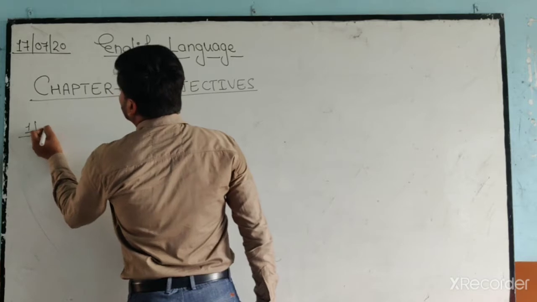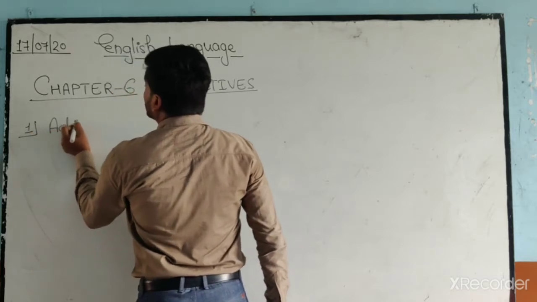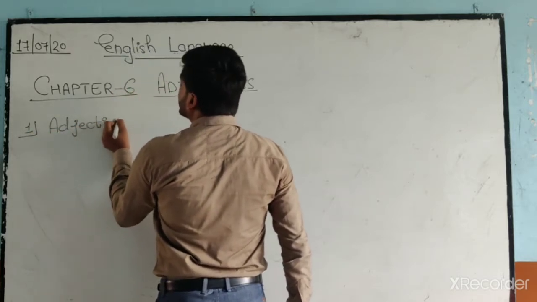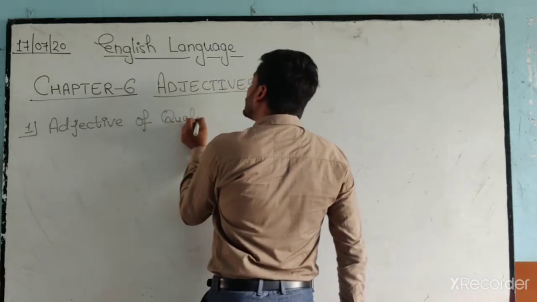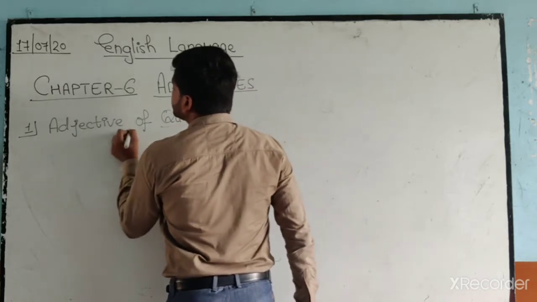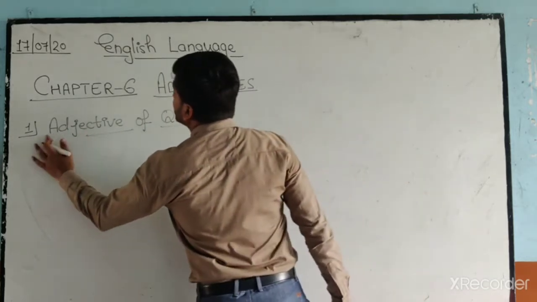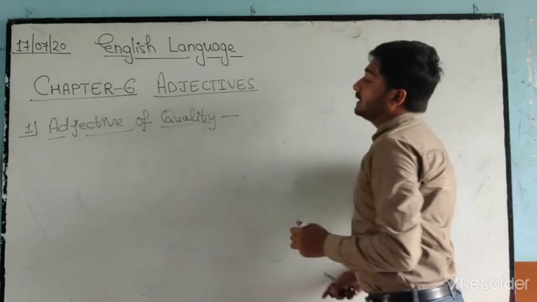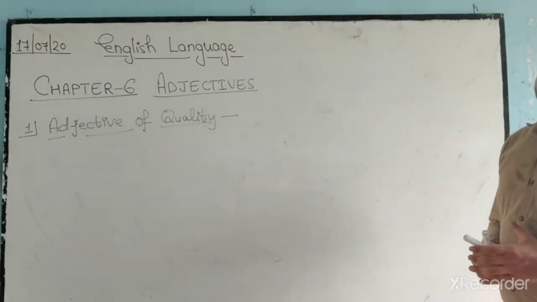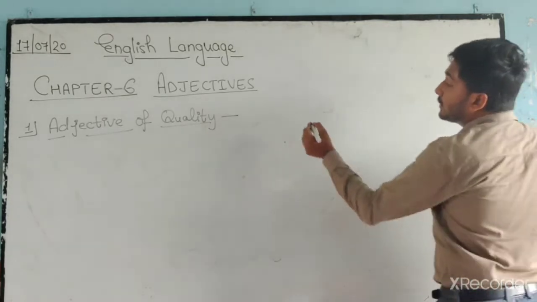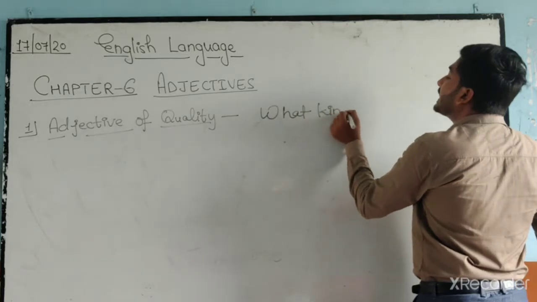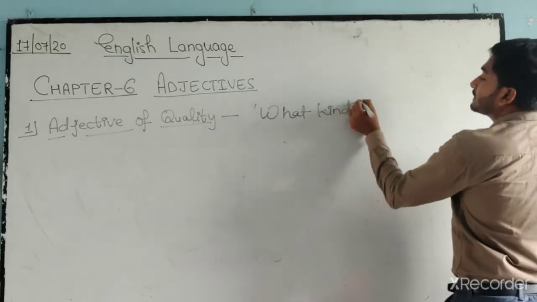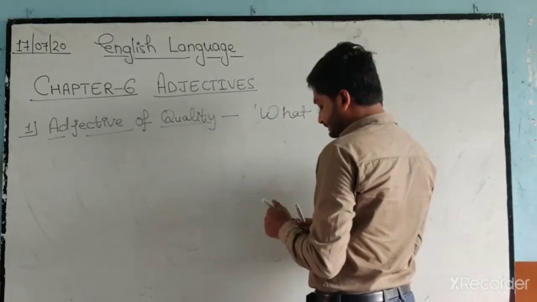Number one, adjective of quality. That means an adjective tells about a noun or pronoun by answering the question what kind. Now see the examples.